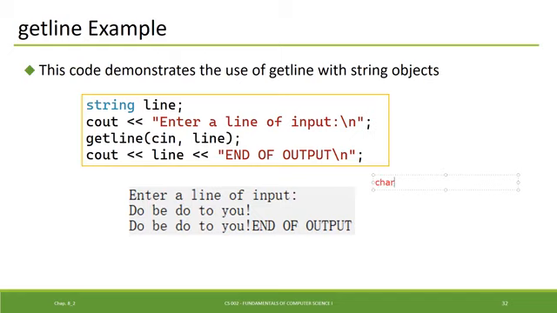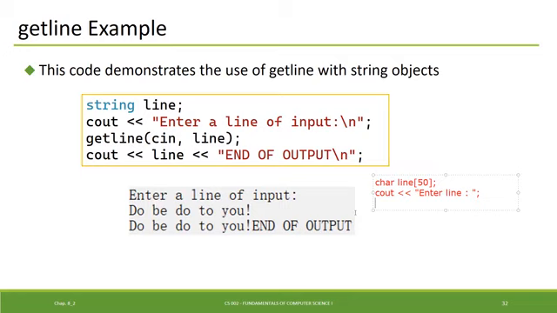So char line, for example, and you should provide some space information. I need 50 spaces for the line, and cout enter line, and then getline. Cin will not take space, right? Cin will take only the first word.